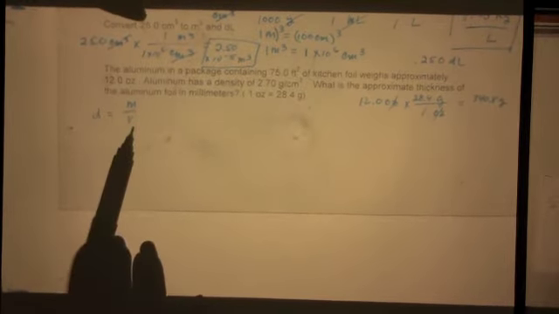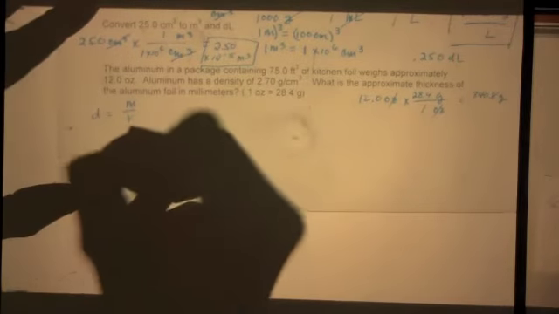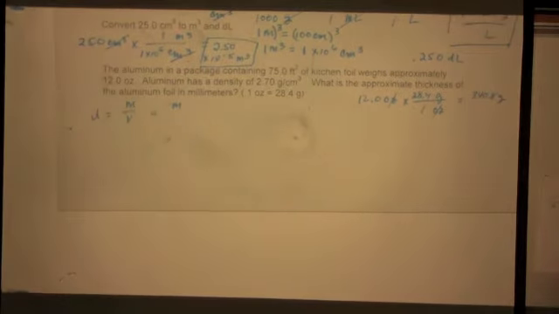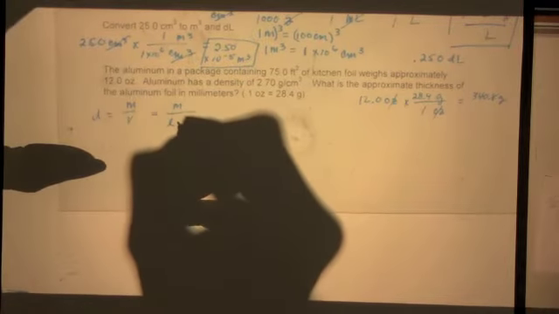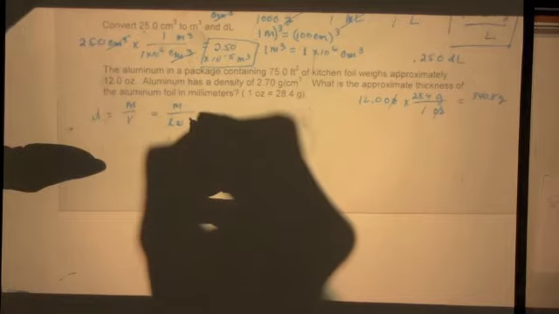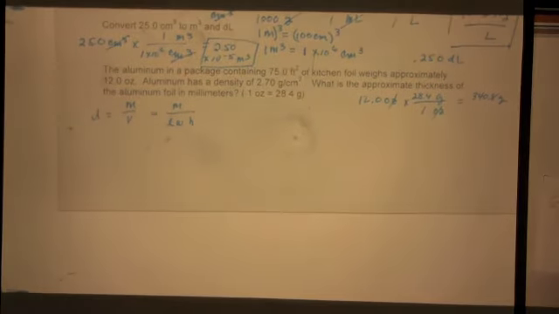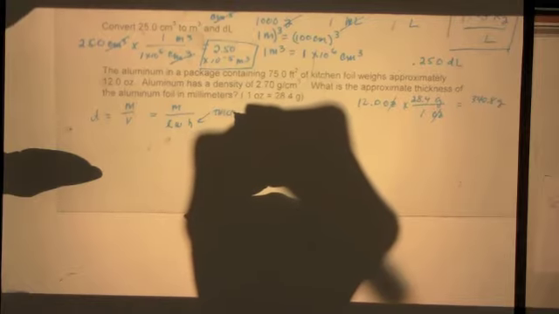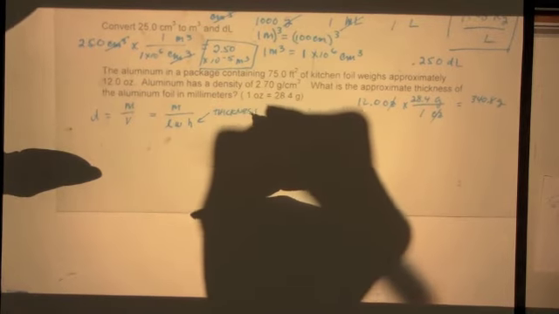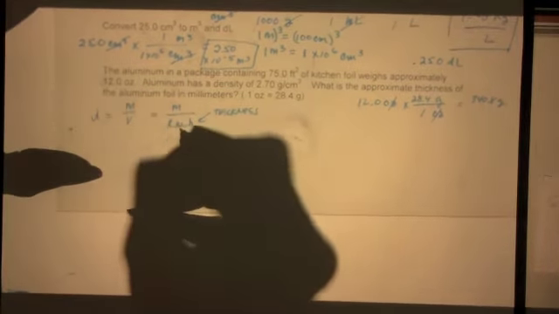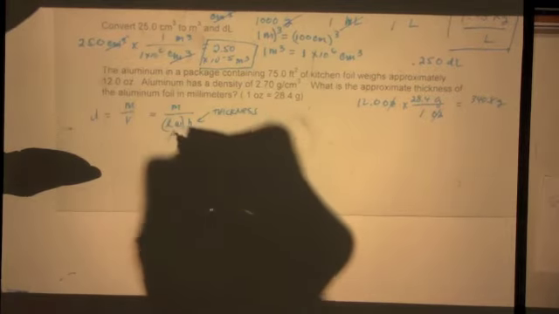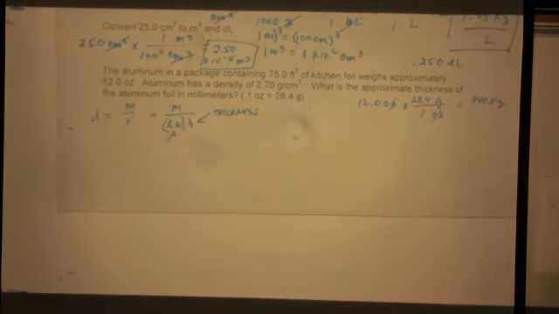The volume. Again, we have a piece of aluminum foil that has volume. It has a length, it has a width, and it has a height, which we really call the thickness of the foil. Length times width is what? Yeah, that's area. I'll give it a capital A here.